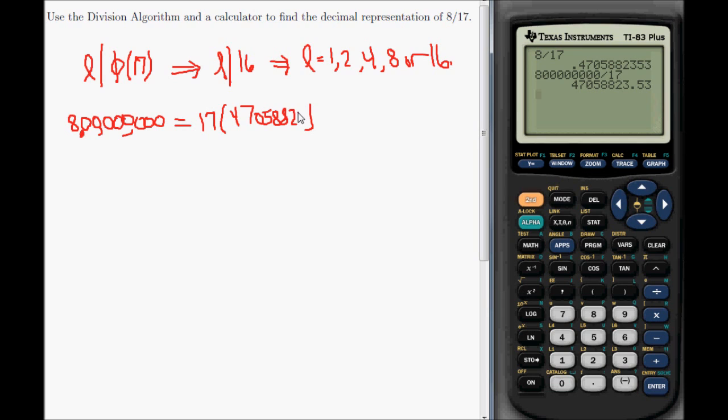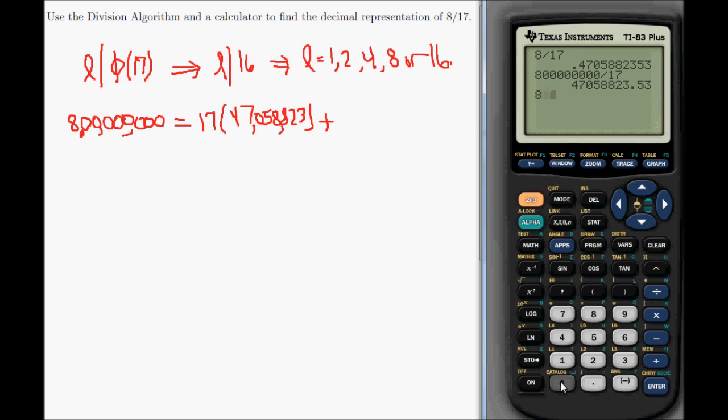So 47,058,823, and there's going to be some remainder. Now, to get the remainder, we'll just simply take 800 million minus 17 times 47,058,823, and we get a remainder of 9.